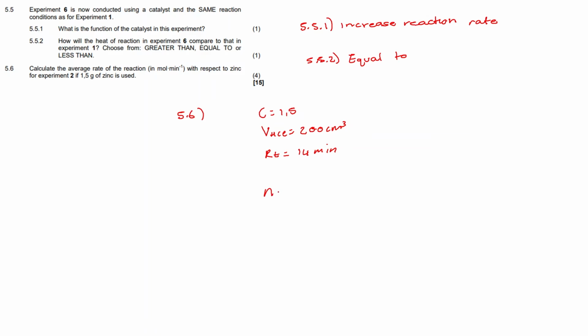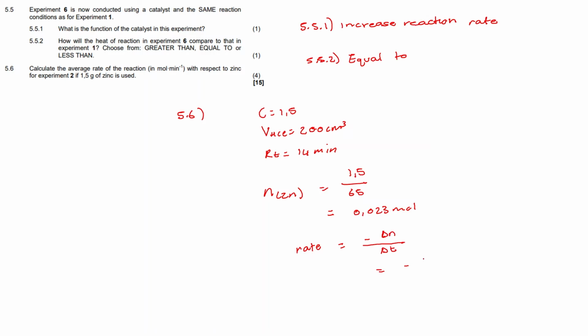The moles is equal to the mass of zinc we have, which they say is 1.5 grams, over the molar mass of zinc, which you can get from the periodic table, being 65. We then get 0.023 moles. We then can calculate the rate, which is equal to negative delta n, so the change in moles over the change in time.